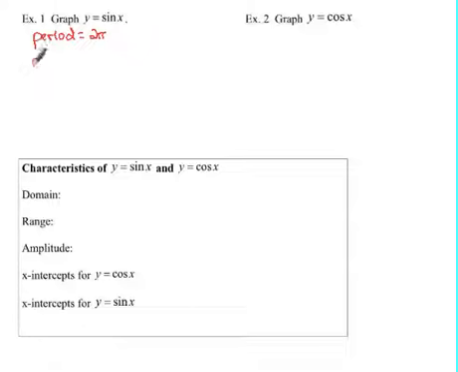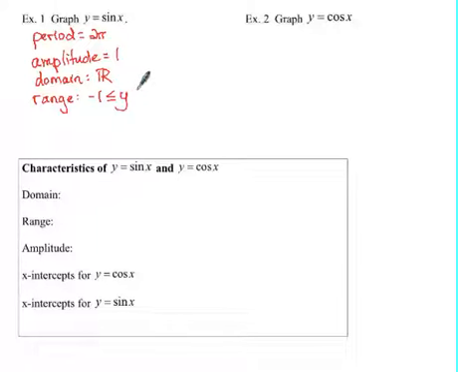We have something called amplitude, and I will formally define these in a moment, but the amplitude here is 1. The domain for the sine curve is all real numbers. And the range is -1 to 1 on the y.